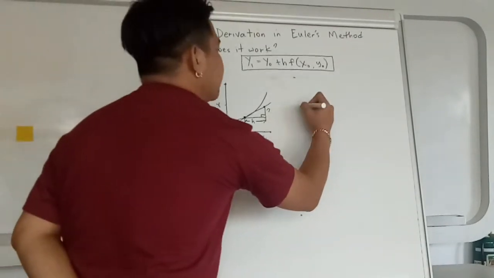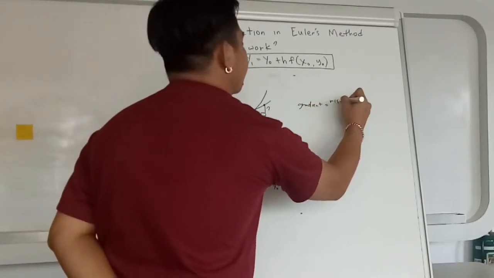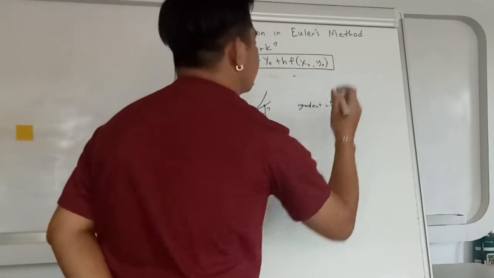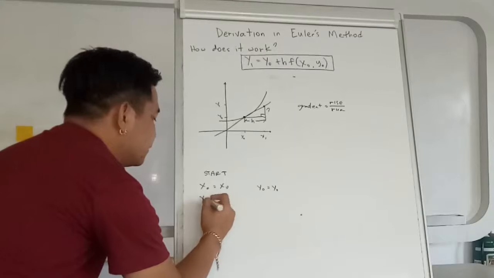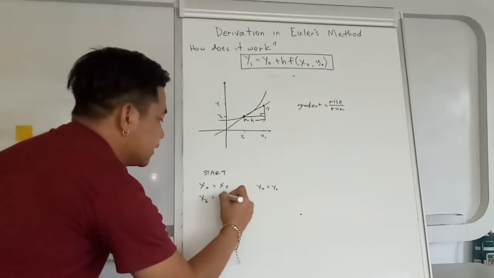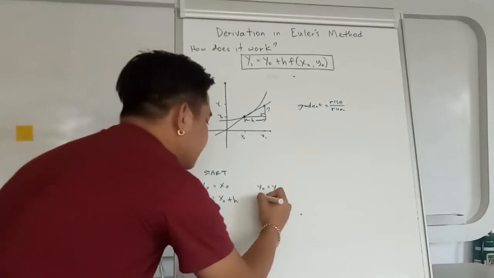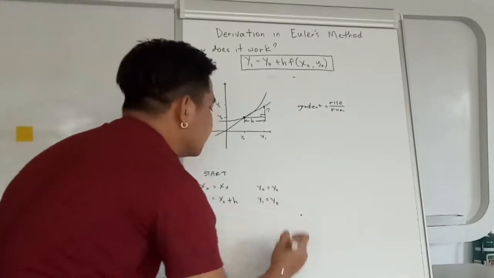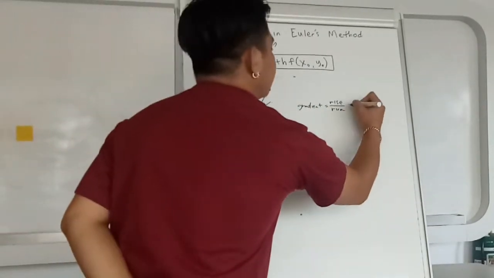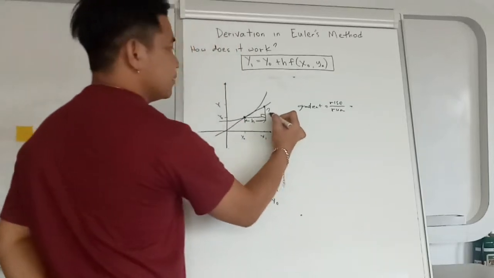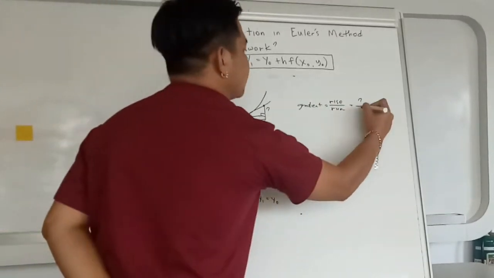So we know that gradient is equal to rise over run. Say x sub 1 is equal to x sub 0 plus the h, and our y sub 1 is equal to y sub 0 plus the rise. Our rise is the unknown and our run is the h.